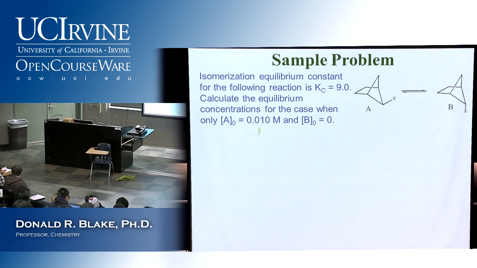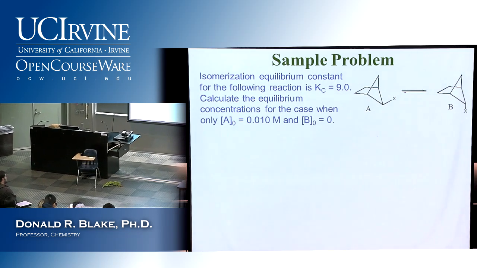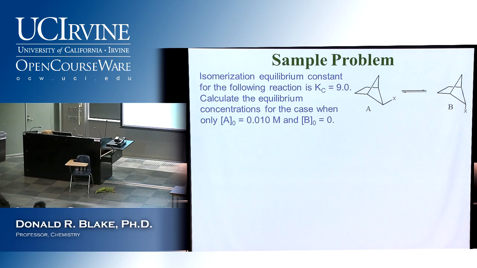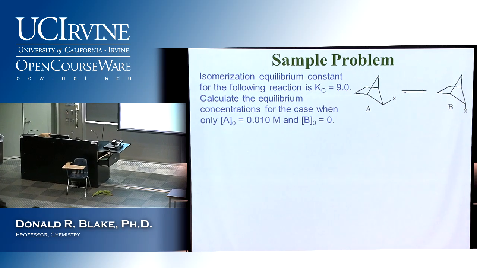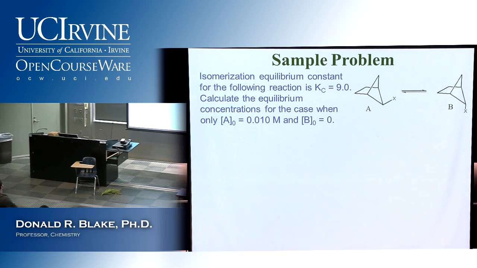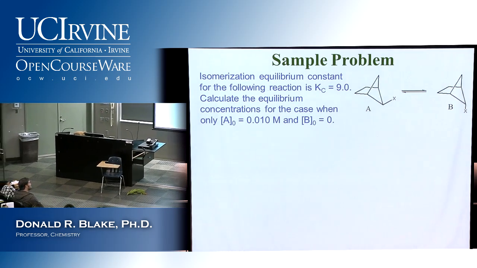For every one of these that you lose, you make a B. So if I want the equilibrium concentration, yes? 0.009, he says, for A. So what he's saying is that you start with 0.01 and you end up with 0.009. For which one? For A.